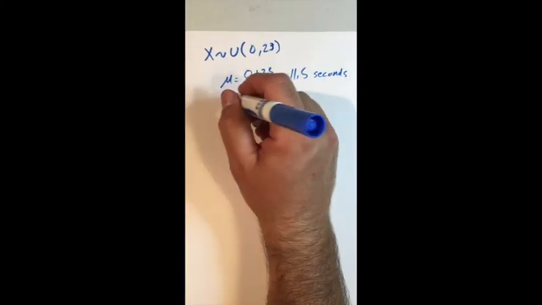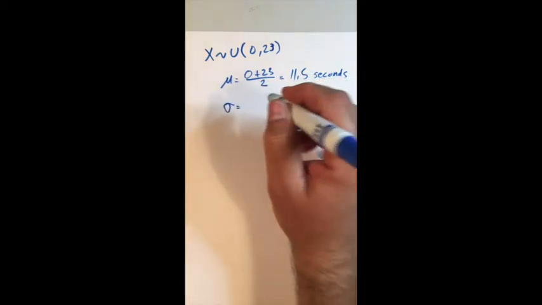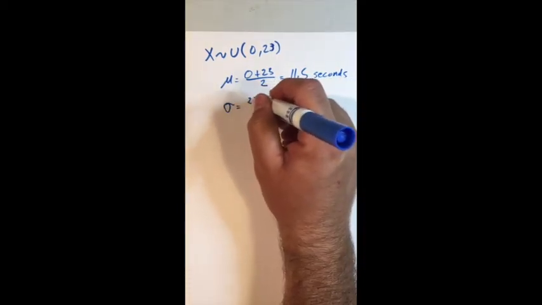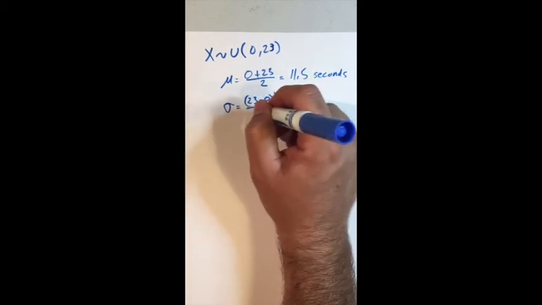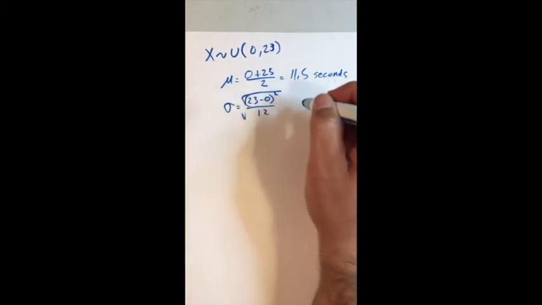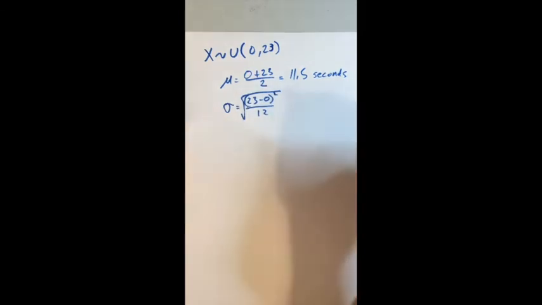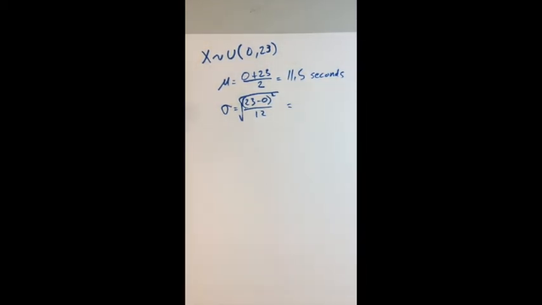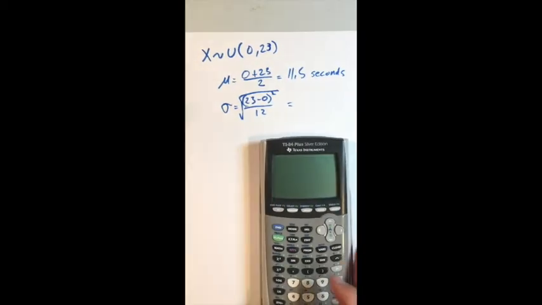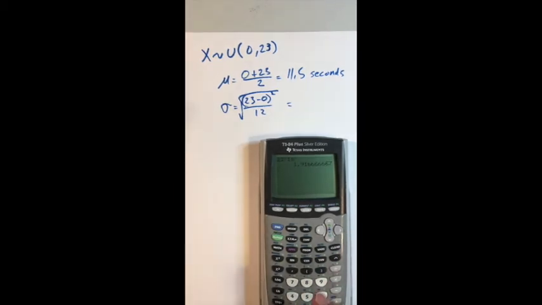The standard deviation, a little more complicated formula: 23 minus 0 squared divided by 12, and then we take the square root of that. So 23 over 12 is slightly less than 2. I'm going to have to get my calculator to do the square root anyway, so I might as well do it now. Let's see, 23 over 12 is 1.916.